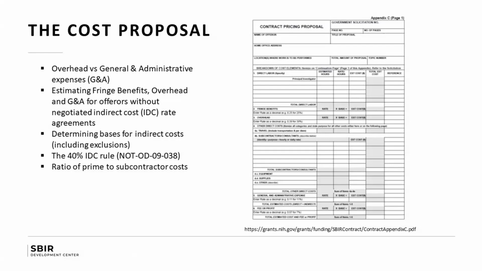Very often, I find that the SBIR applicants will propose a subcontractor that is a university. And if you look at the negotiated indirect cost rate agreements for universities, you will often see exclusions. For instance, the first $25,000 of a project may be exempt from their G&A costs.